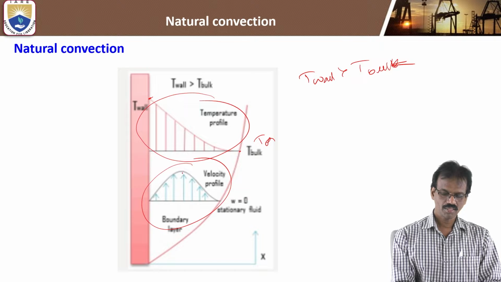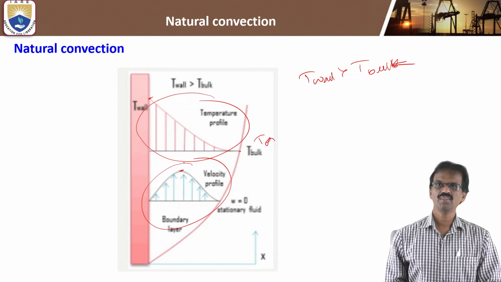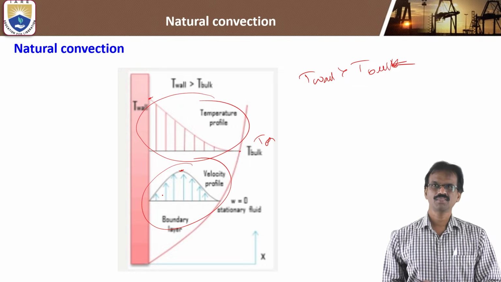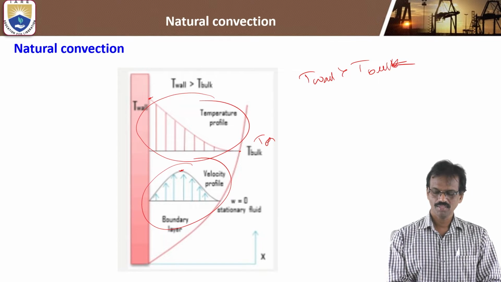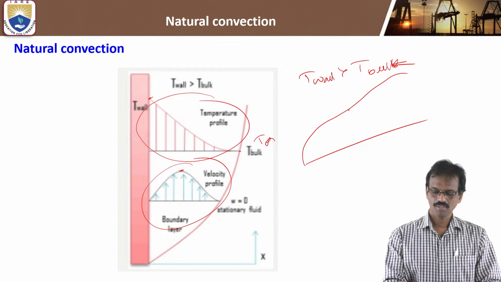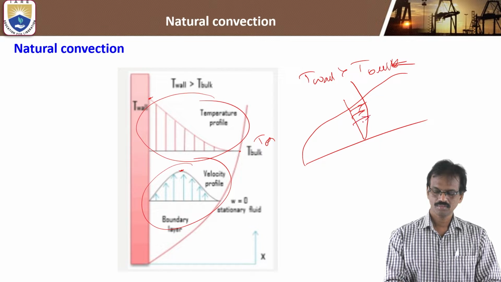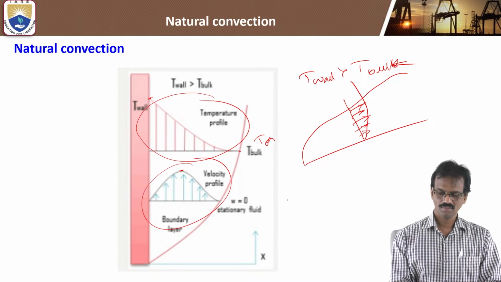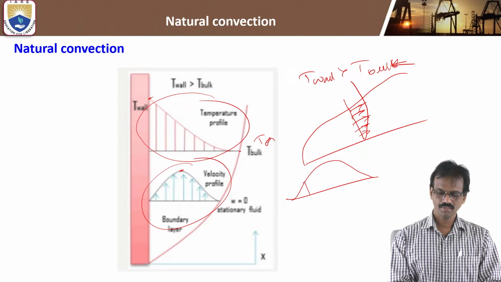It gradually increases, reaches a maximum point at one position, and then the velocity of the fluid decreases again. In forced convection you already studied the velocity profile, but in natural convection the velocity profile is like this: initially it increases, reaches a maximum point, then decreases.